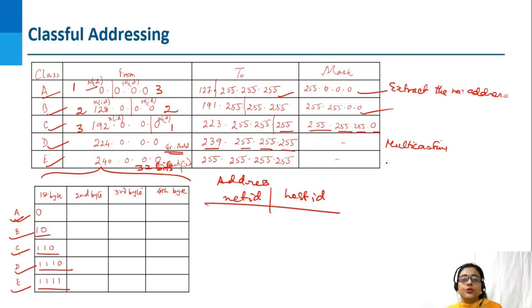Class E is reserved for future use. And here it starts with 240.0.0.0 and ends with 255.255.255.255 and here also there is no masking.